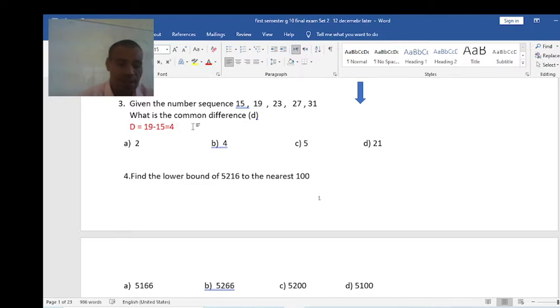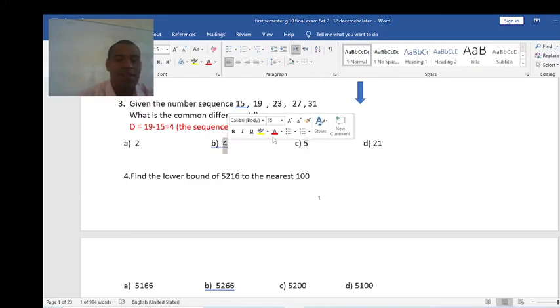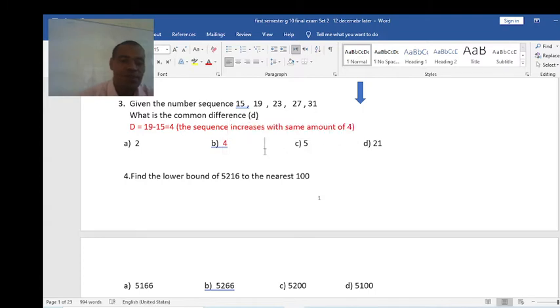Means this sequence increases with the same amount of 4. So this one, my learners, is called the common difference. Okay, so here we have 2, here 4, here 5, and here 21. So it's clear, my learners, that the common difference is 4.